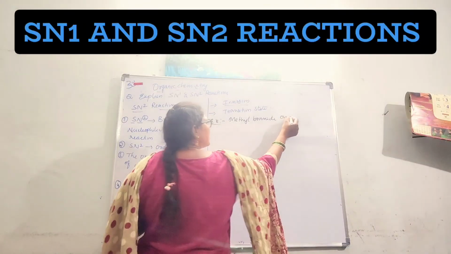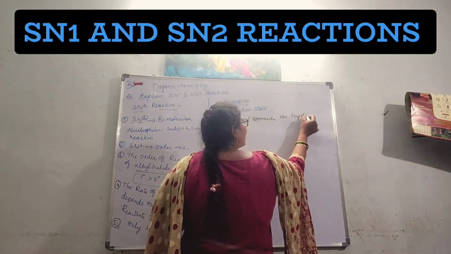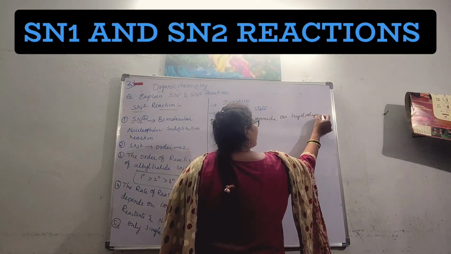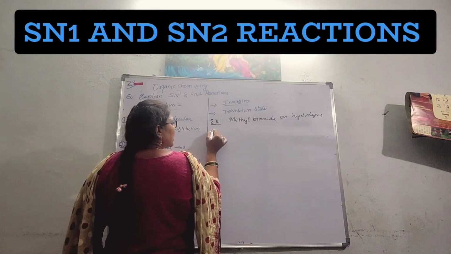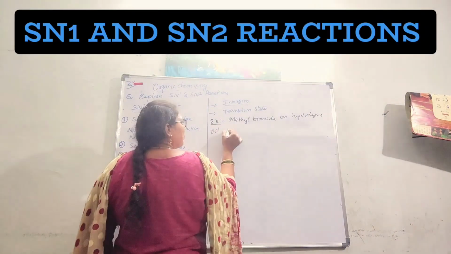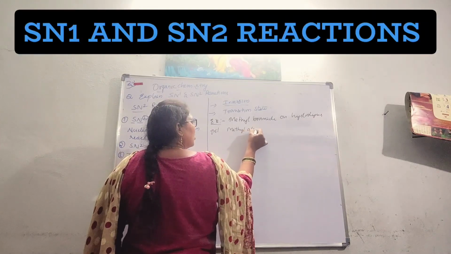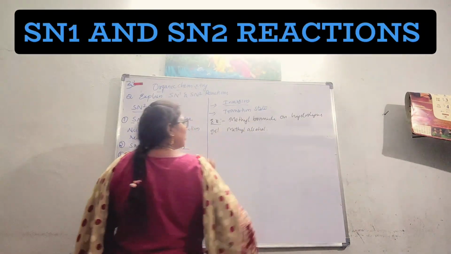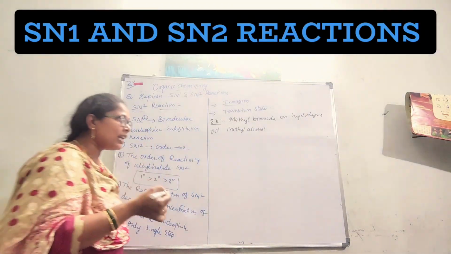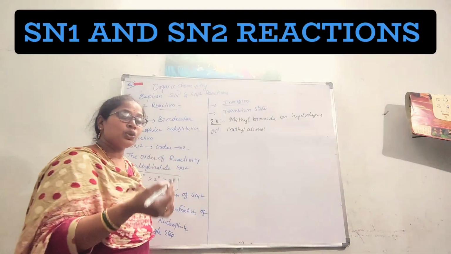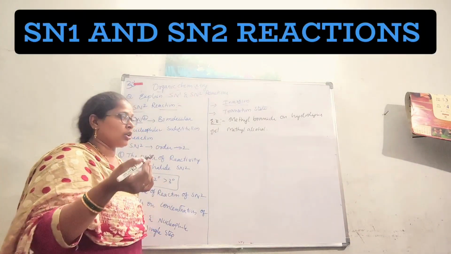Methyl bromide on hydrolysis gets methyl alcohol, or methanol. Okay, now this means primary alkyl halides are converted into primary alcohols.